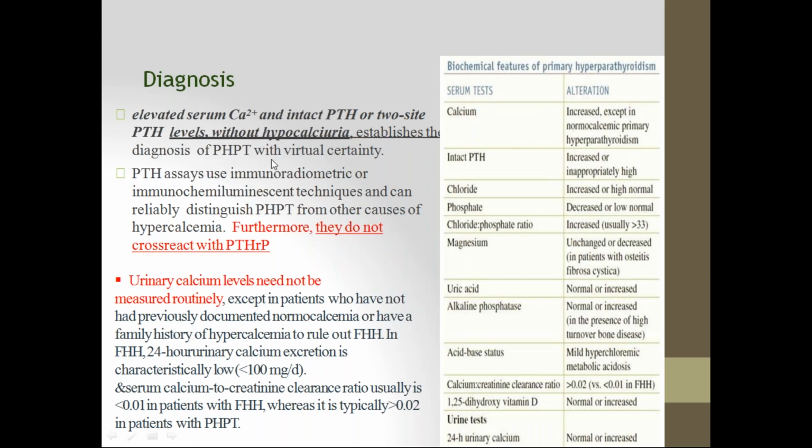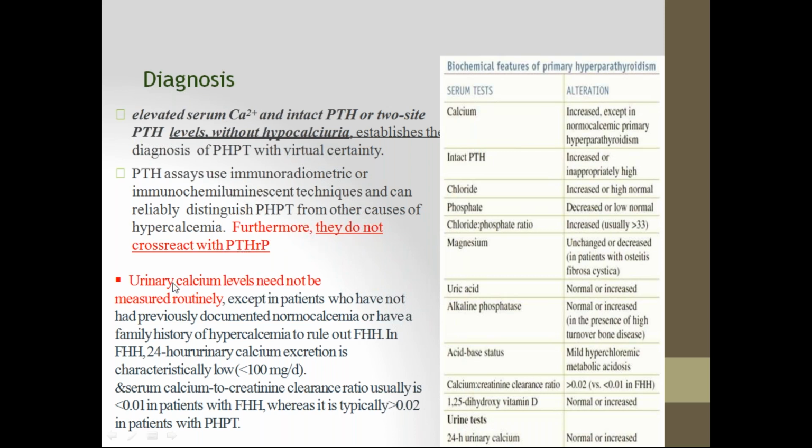Parathyroid hormone assays use immunoradiometric or immunochemiluminescent techniques and can reliably distinguish primary hyperparathyroidism from other causes of hypercalcemia. Furthermore, they do not cross-react.